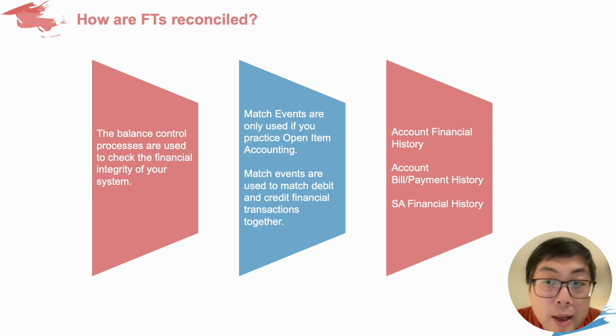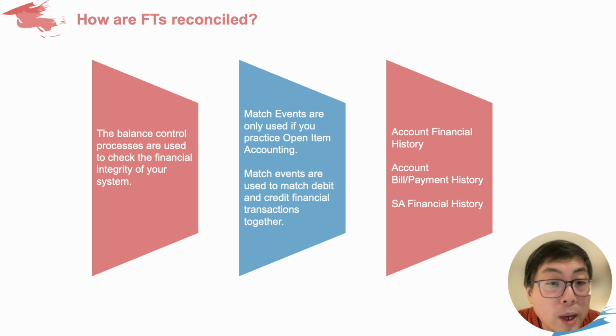How they are exactly matched, there is an algorithm behind it. But normally, if you have open item, you normally have an exact match, and that is how a financial transaction, or potentially a set of financial transactions, is matched with another set of financial transactions, and that link is called the match event.